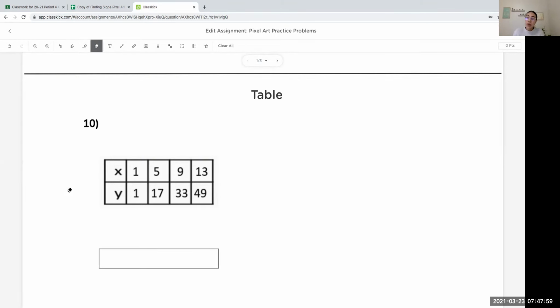Okay, before we actually start with your table, I want you to realize that whenever we have a table, you're going to want to use your slope formula. If I have the slope formula written down, it'll help me remember that I should label some of these X values and Y values.